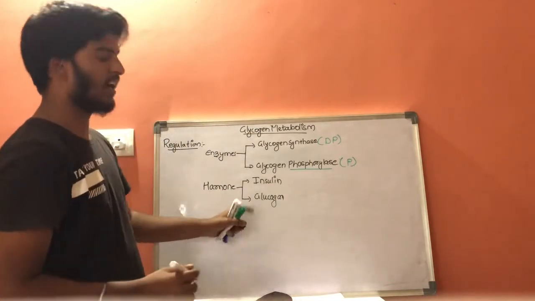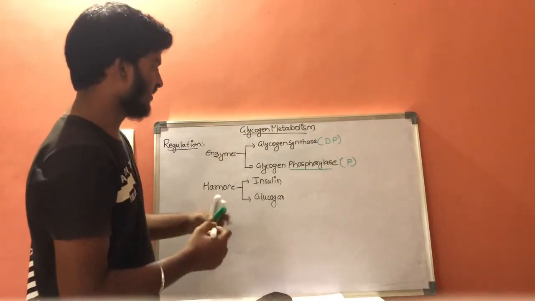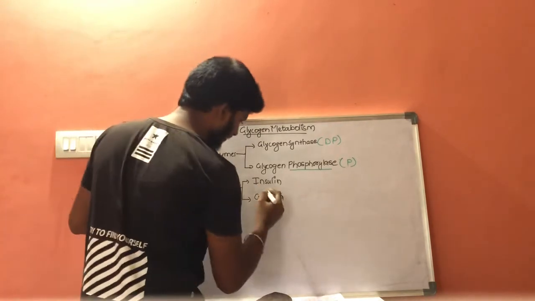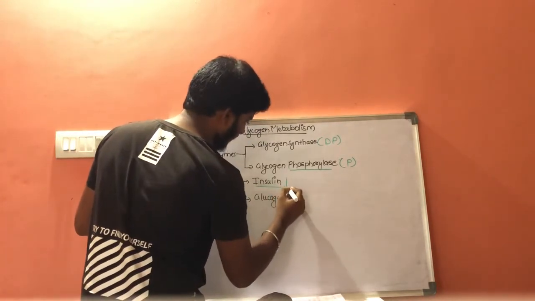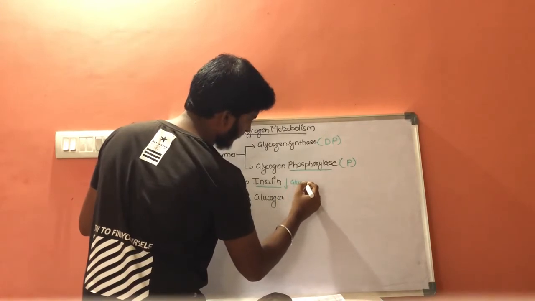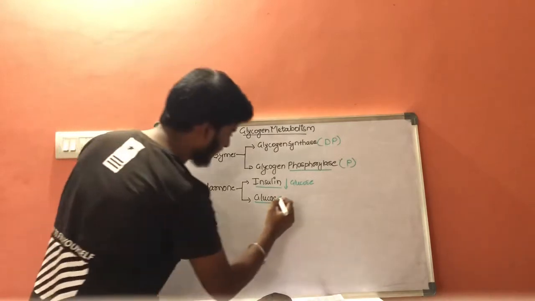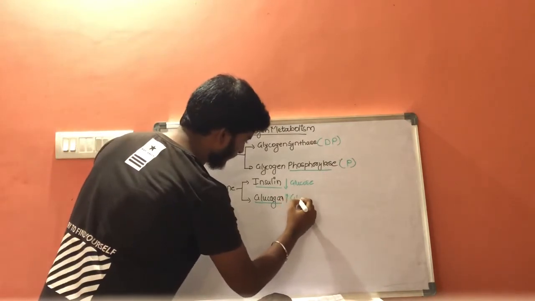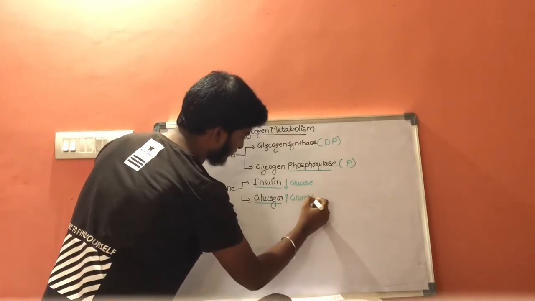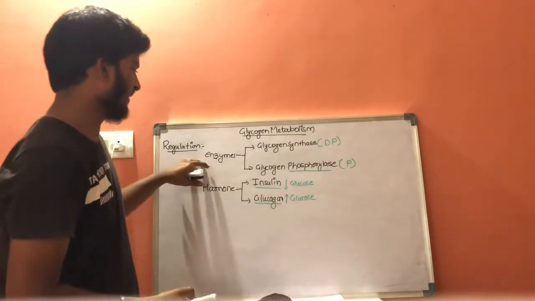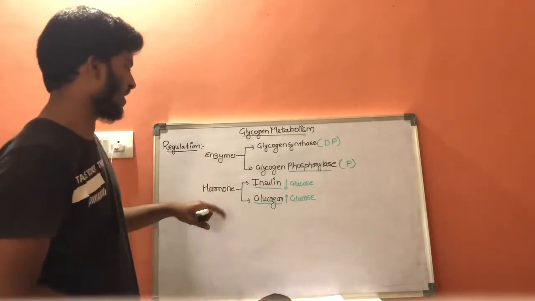The function of insulin is to decrease the blood glucose level, whereas the function of glucagon is to increase the blood glucose level. So these are two enzymes and these are two hormones.